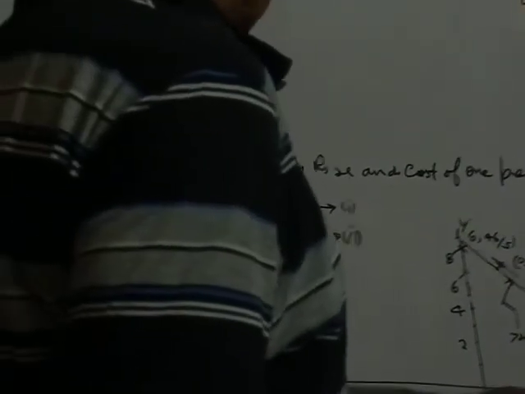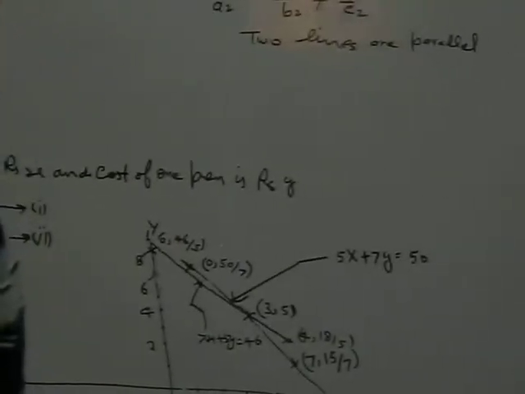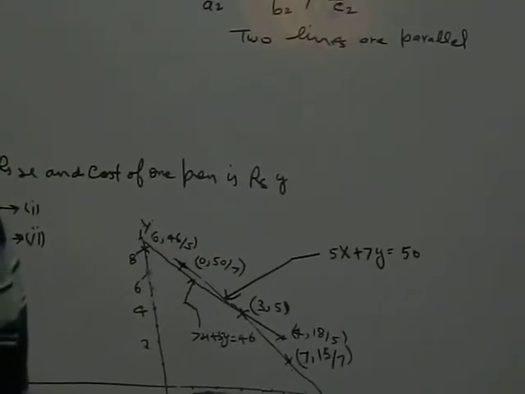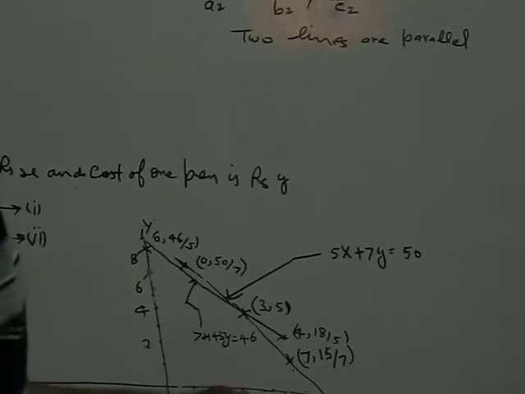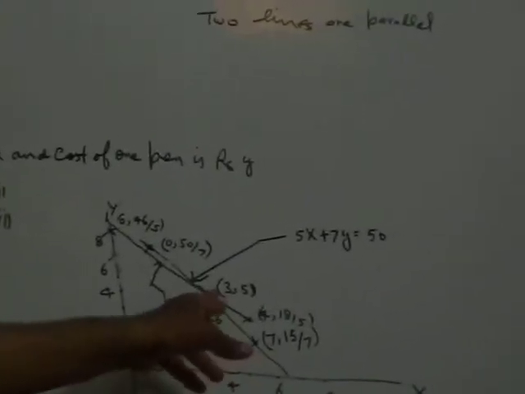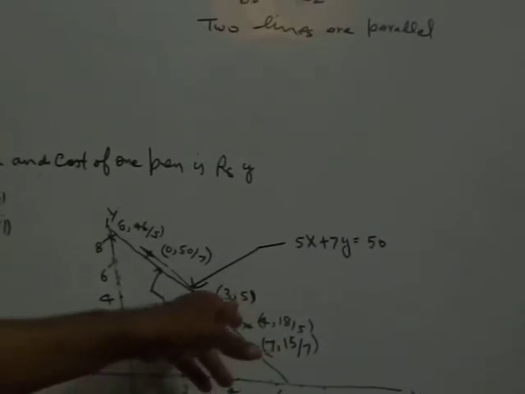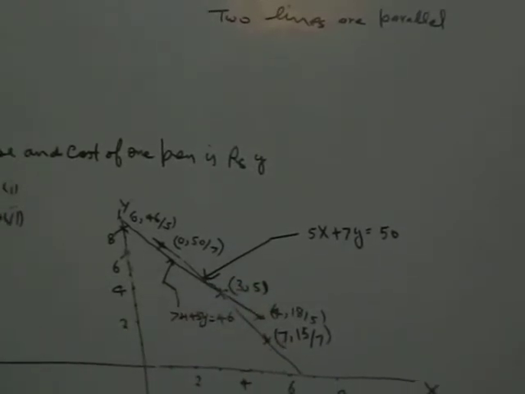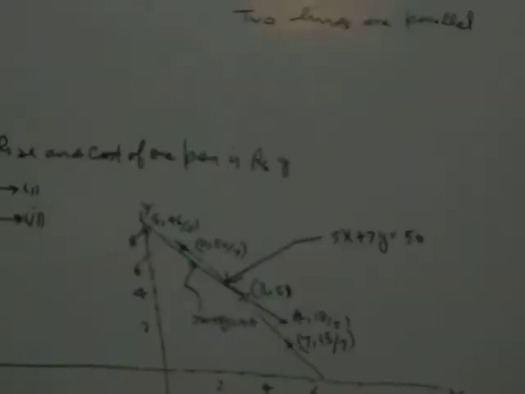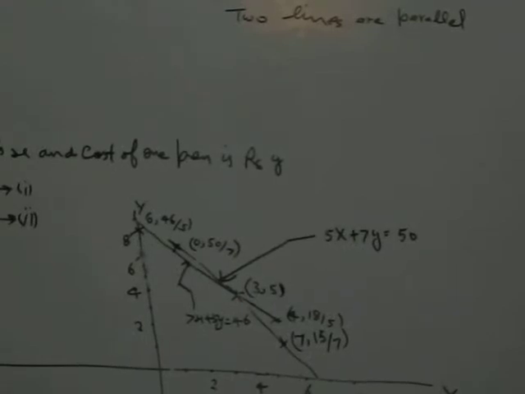This point is 3, which corresponds to 5. So this will be the first point, (3, 5). The second point is for x = 0, where y = 50/7, which is roughly 7.